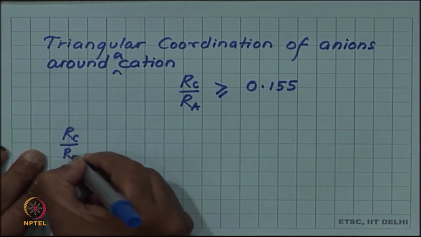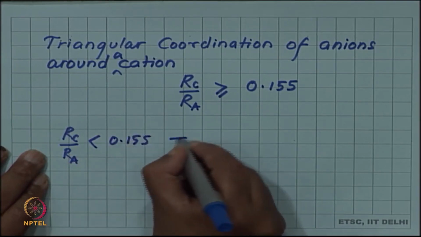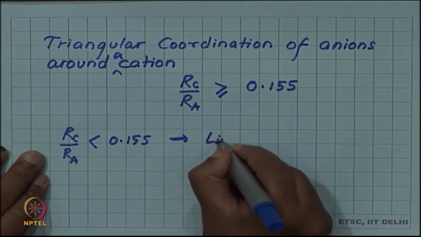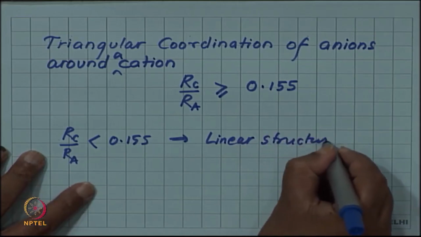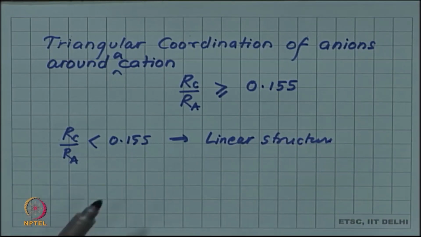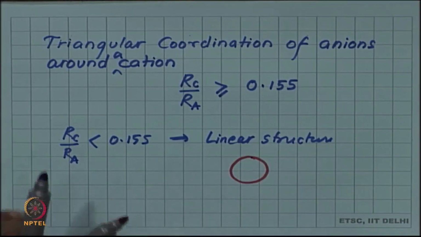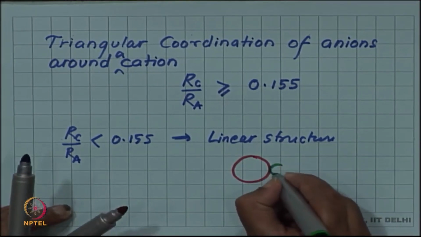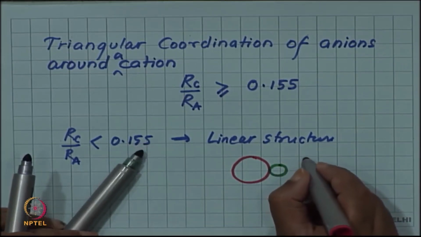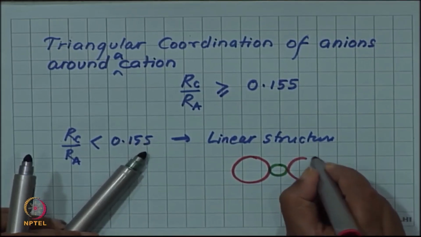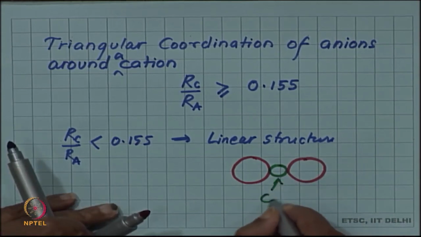R C by R A less than 0.155 will imply a linear structure, that is, a coordination number of 2. The cation will prefer to have only 2 anions.